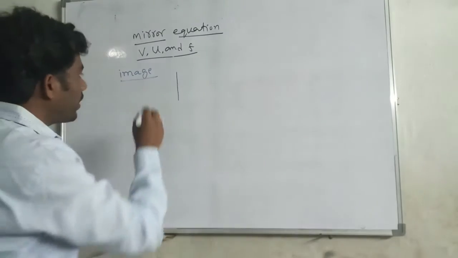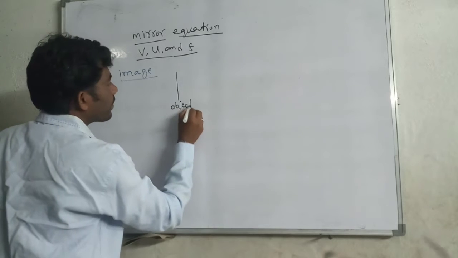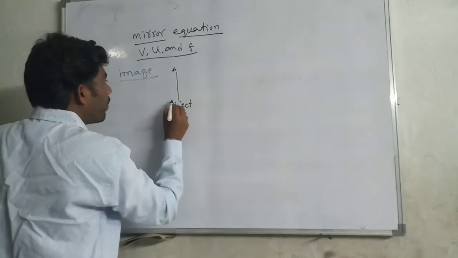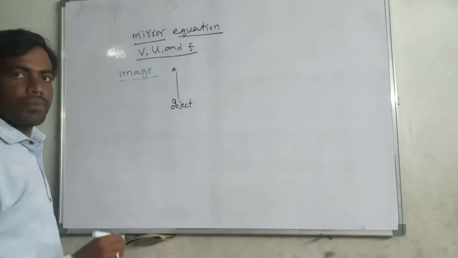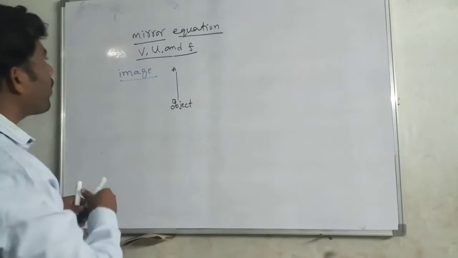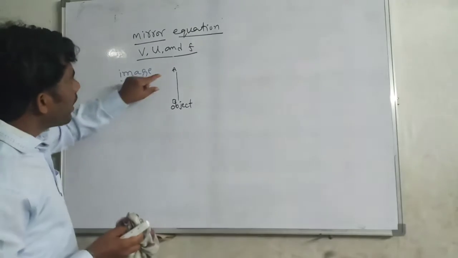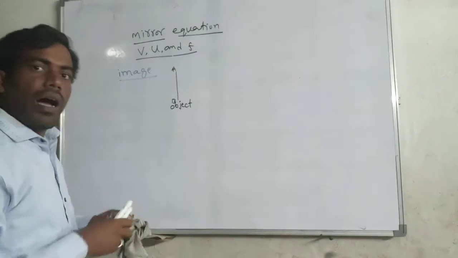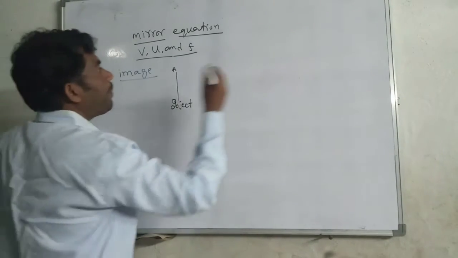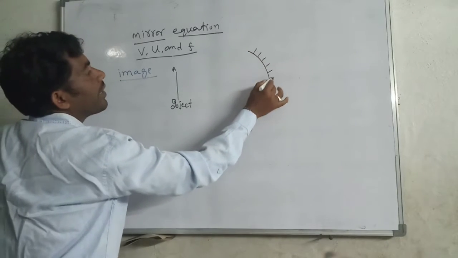In optics, this line is taken as an object, with ends A and B. Then a light ray is emitted from A and reflected by a spherical mirror.